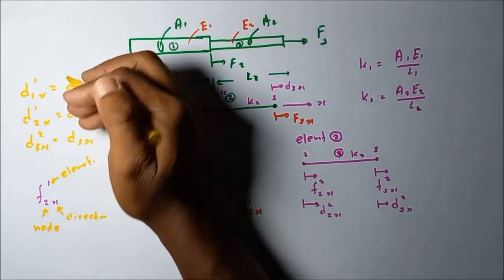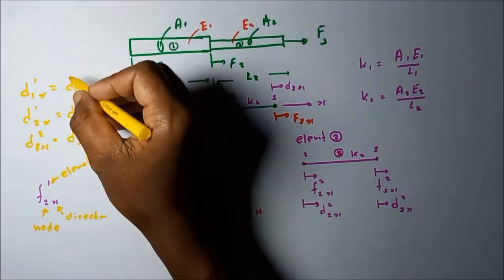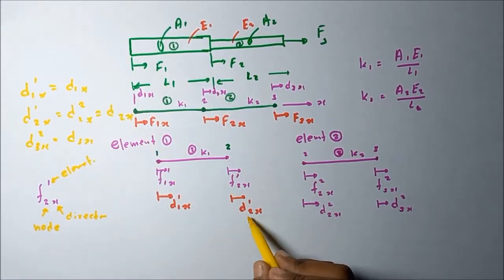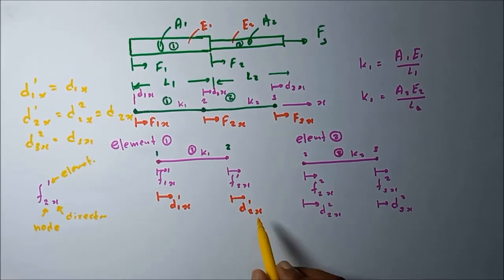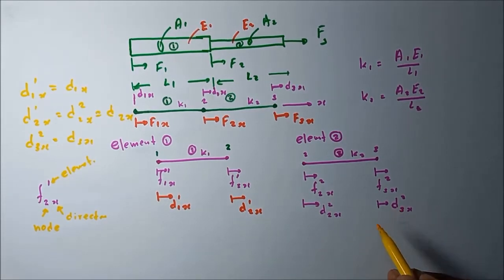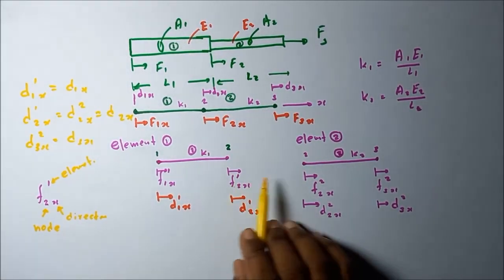So instead of these we can put d1x, instead of these two we can put d2x, and instead of this one we can put d3x. But here the forces are different.